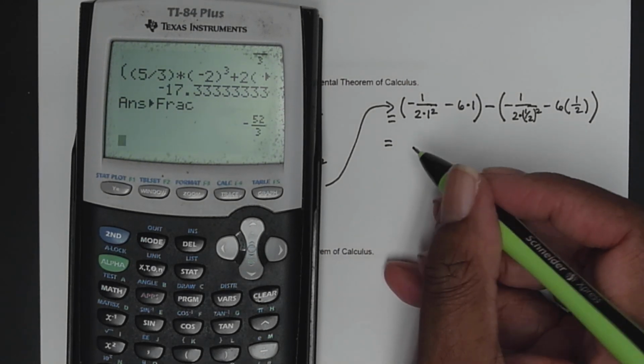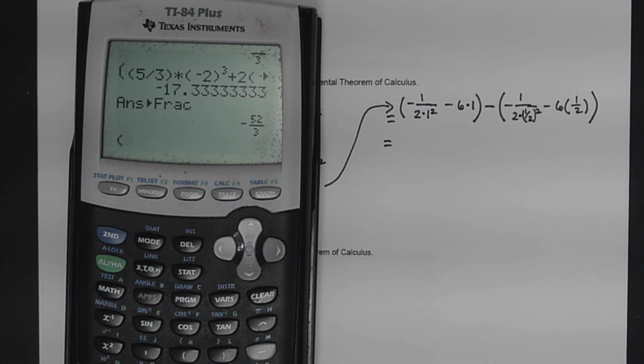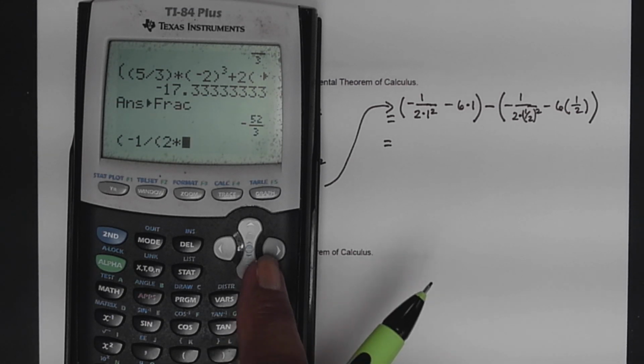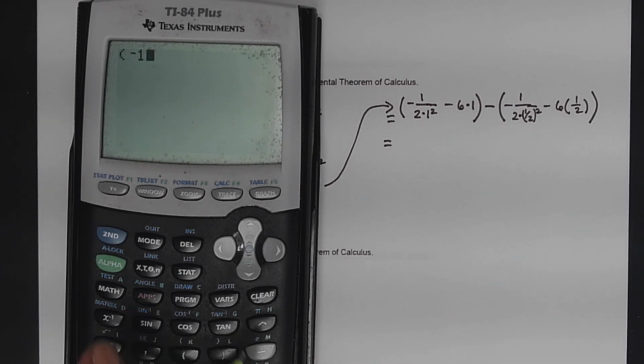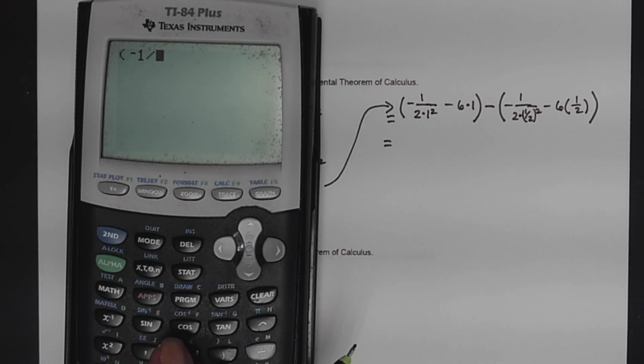Let's see what we can do with this here. Okay, negative 1 divided by, in parentheses, 2 times... well, it's negative 1 because of the negative sign in front, so it'll be negative 1 divided by parentheses 2 times 1, and that's squared, close parentheses, minus 6 times 1.